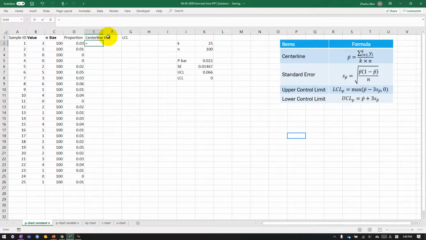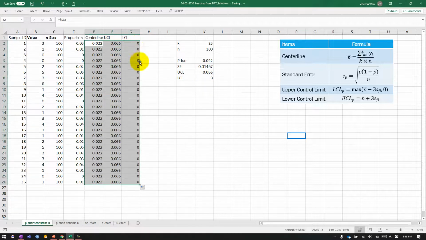So center line with absolute reference F4, upper control limit F4, lower control limit 0, and then we double click, and with this ready, we are ready to draw the control chart.